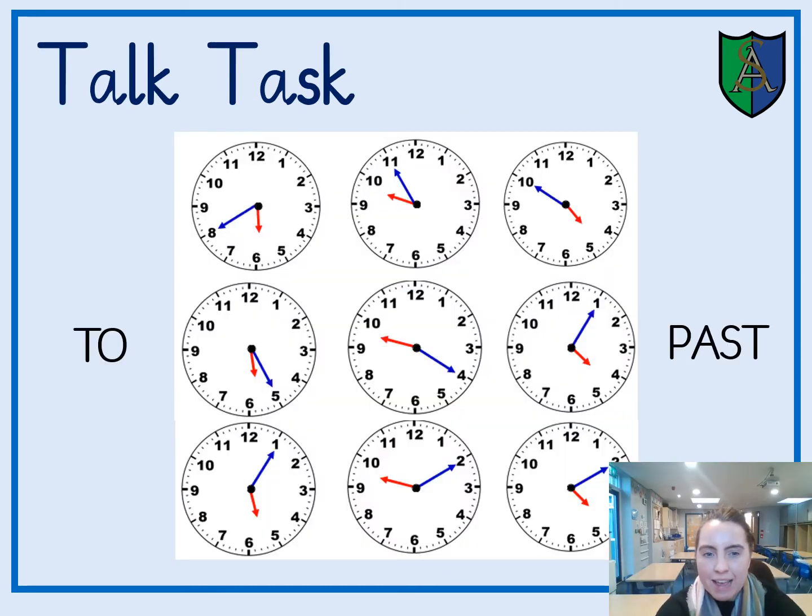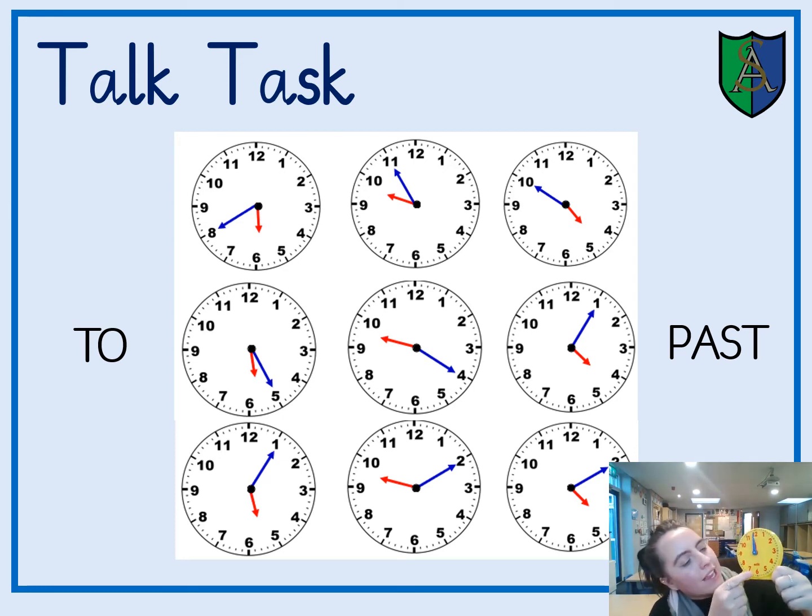Okay children, time for today's talk task. What I would like you to do is think about the idea of past and to on our clock. Remember, we know that half of our clock is past and half of our clock shows to. So we know that from 1 until 6, that is past.